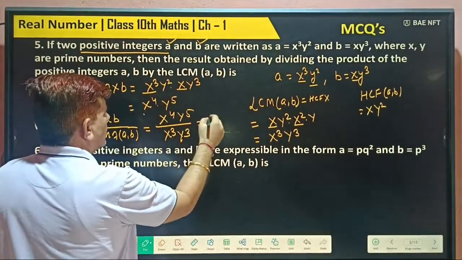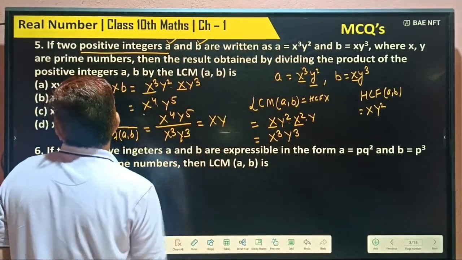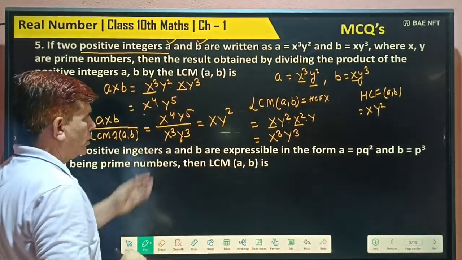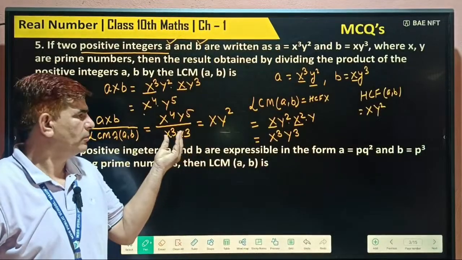So you can cancel it, which means x y square. This you know directly, or don't know?